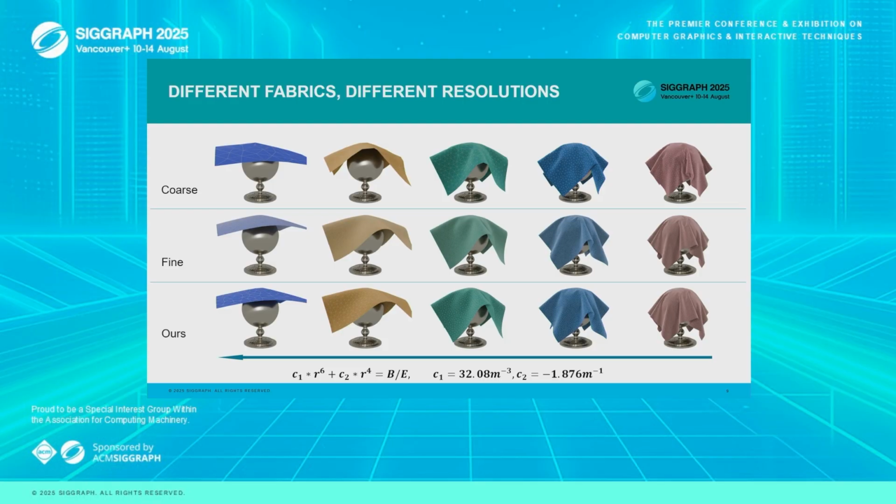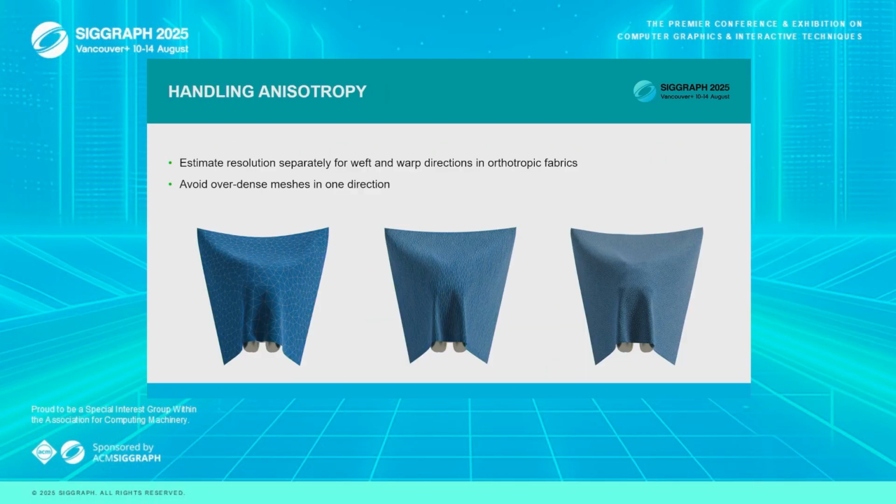But with our estimated mesh resolution, we can closely match the final results while using much less computational resources. For anisotropic fabrics, we estimate the mesh resolution separately for the weft and warp directions. So this helps us prevent the mesh from being overly dense in one direction while staying efficient and accurate overall.